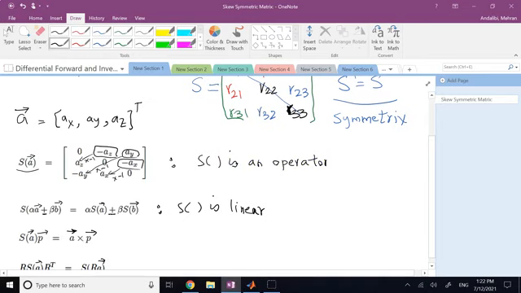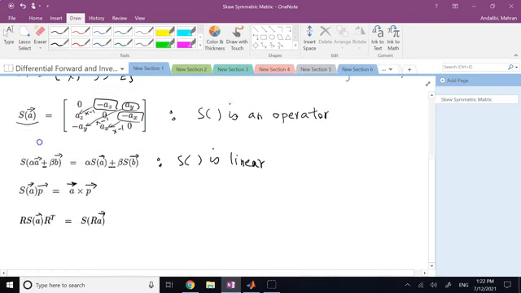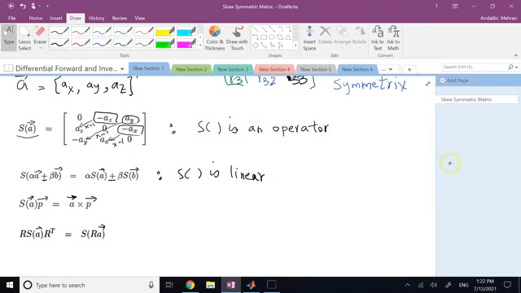It is linear. But one of the important properties of this operator, why did we define it in the first place? One of the very important properties of this operator is that you can rewrite the cross product of two vectors as what? As a matrix product.